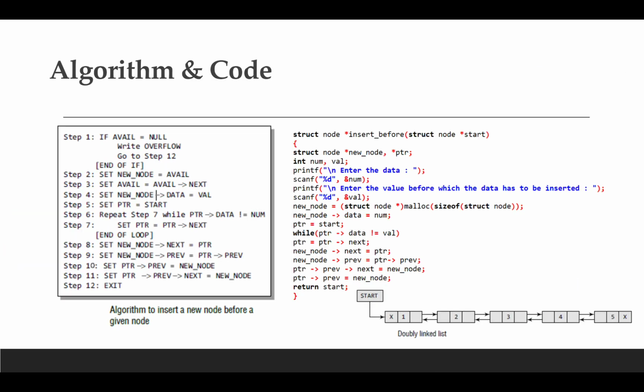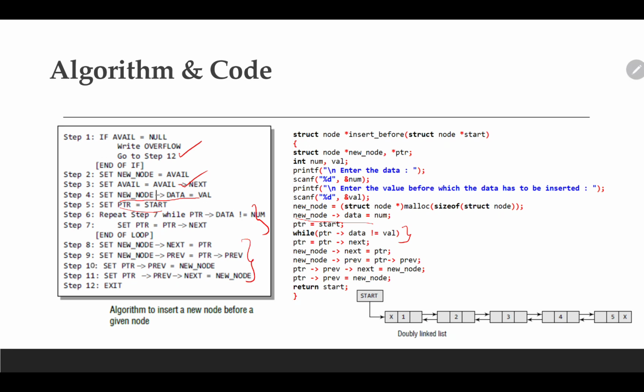And this is the code and algorithm. First we are checking the overflow condition, then creating the new node and allocating the memory space. Then we are assigning the value for the new node, new node->data is equal to value. Then ptr is equal to start. Then we are checking the condition. After doing the insertion, we have to change the previous and next addresses.